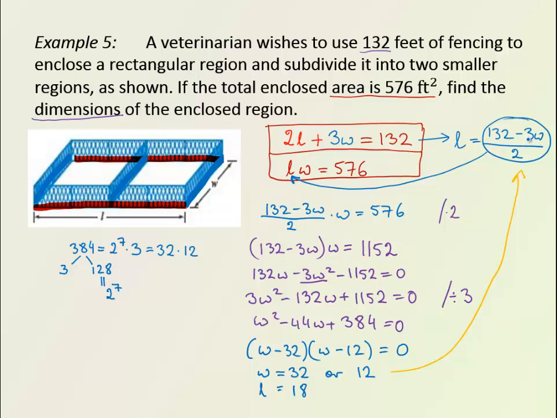So 3 times 12 is 36, subtract from 132, which is 96, divided by 2 will be 48. So this L would be 48. So here we have the two possible solutions: length 18 and W 32, or length 48 and W 12.